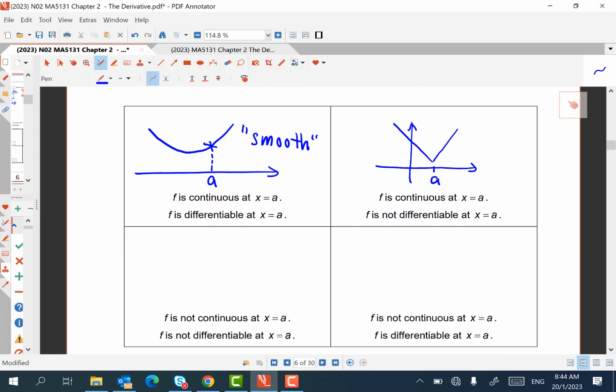Something that's not continuous and not differentiable, maybe like this. Such a graph is certainly not continuous and not differentiable. The last one.